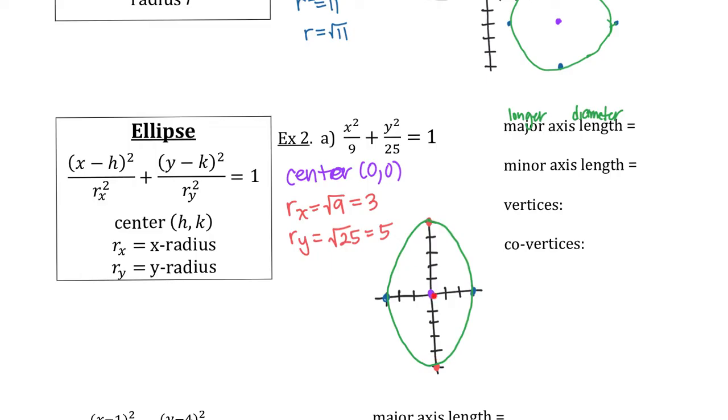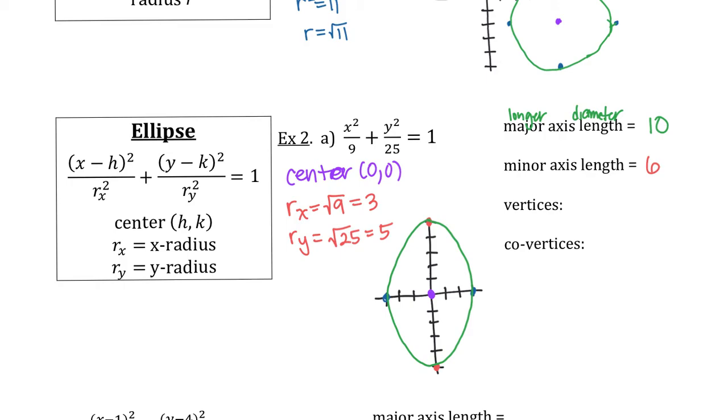So in the tall direction, the diameter would be 5 plus 5. So the major axis length is 10. It's the entire distance across. Okay, the minor axis length will be the diameter in the short direction, which in this case is the x direction. Since the x radius was 3, 3 plus 3 gives me a minor axis length of 6.